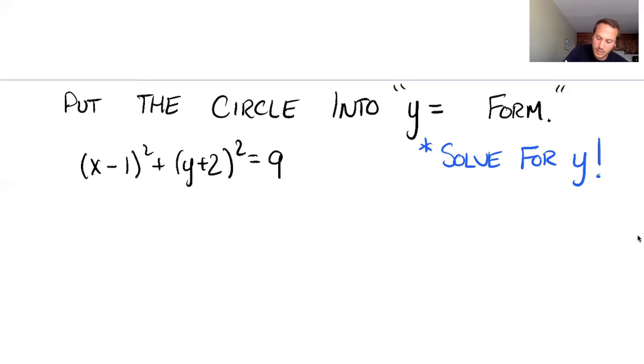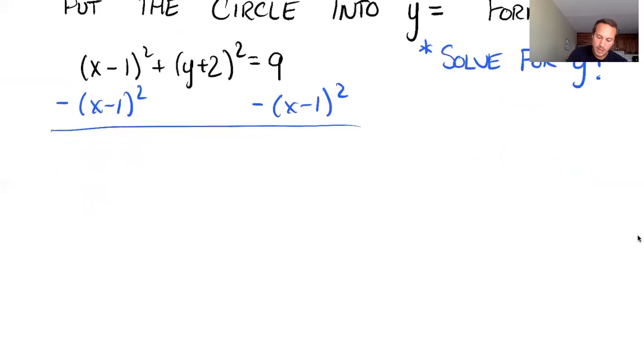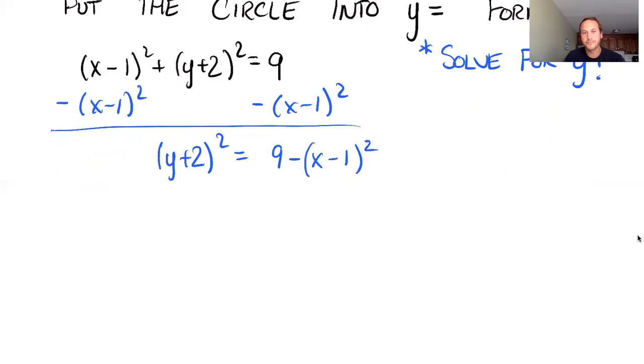In order for us to solve for y, ready? Here's what we're gonna do. I'm gonna first subtract x minus 1 squared on both sides. I'm not multiplying out. I'm literally just going to subtract that entire quantity. And what I'm left with is y plus 2 squared is equal to 9 minus x minus 1 squared.